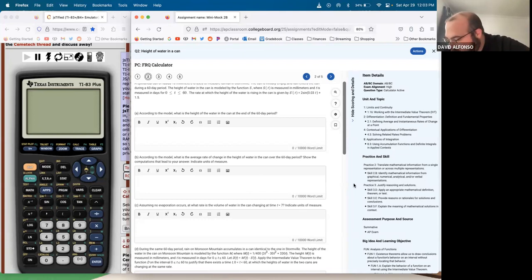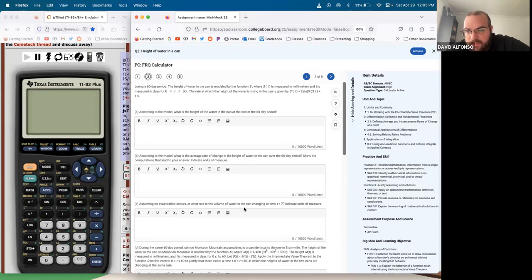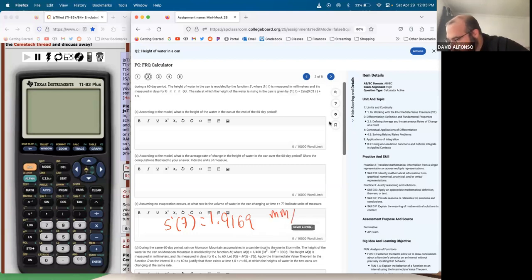Y'all, this one's an easy one. We're doing C, so assuming no evaporation occurs, what is the rate of volume? So S prime is the rate. So you literally just have to do S prime of 7. You just make t equal to 7. That's it. Is your calculator set to radians?